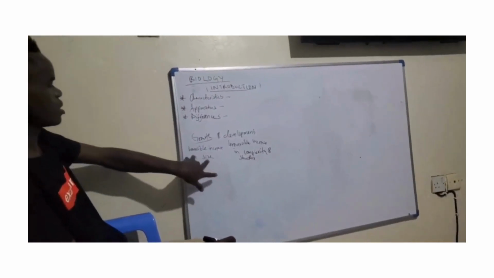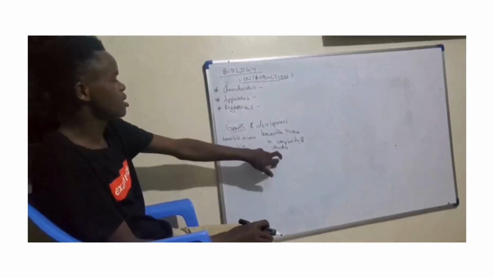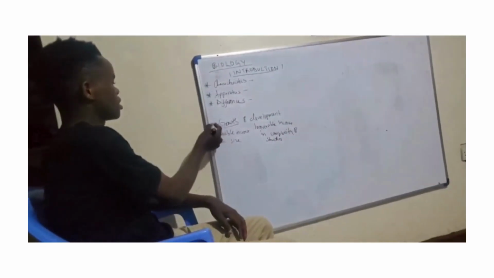So growth is the irreversible increase in size, whereas development is the irreversible increase in complexity and structure of an organism. That's one of them.